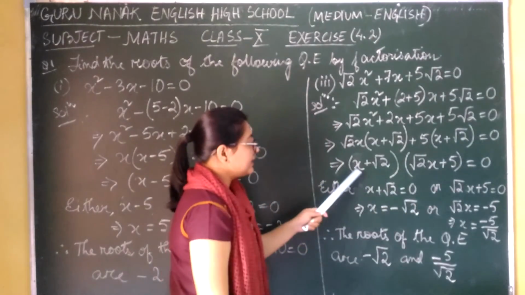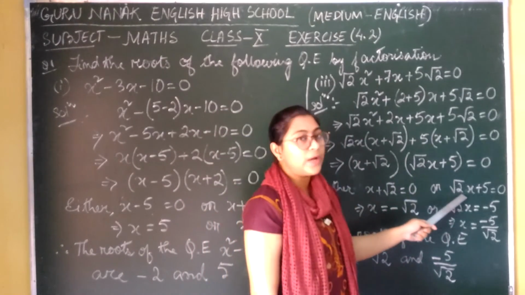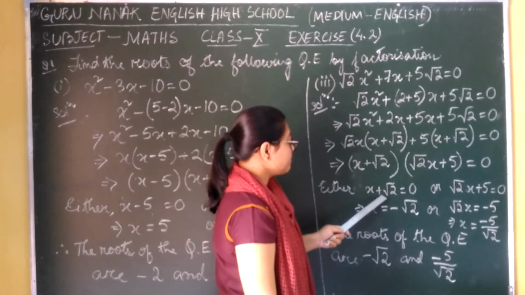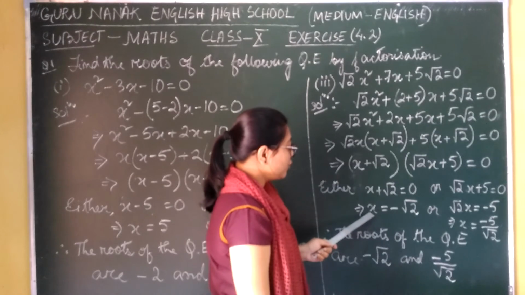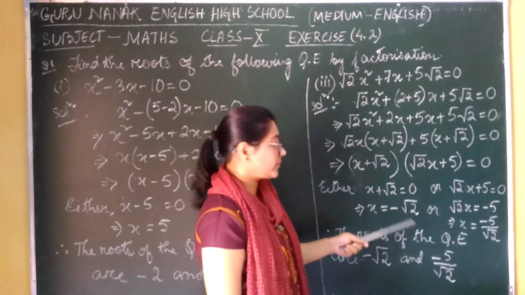Now we can say that either x plus root 2 equals 0 or root 2 x plus 5 equals 0. If we equate x plus root 2 equals 0, we will get the value of x as minus root 2.